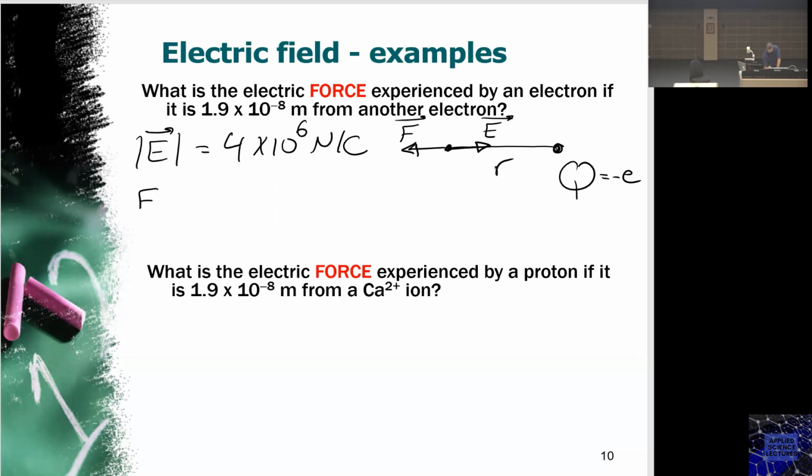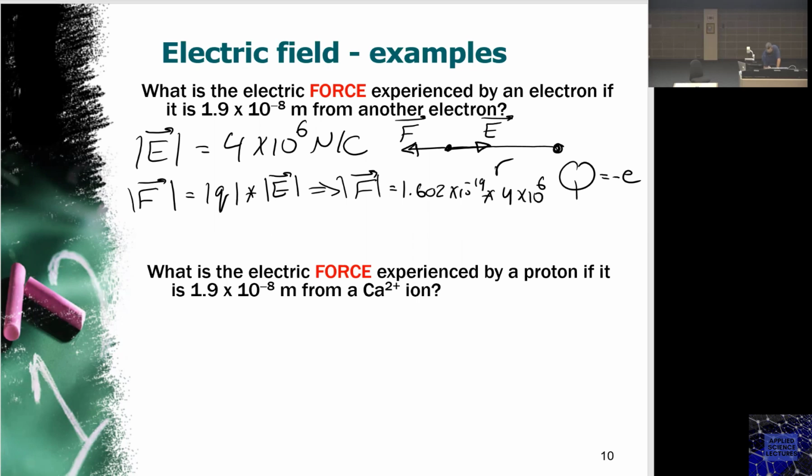If I want to calculate the magnitude of this force, it would be the magnitude of q times the magnitude of E, which is 1.602×10^-19 times 4×10^6, and the answer is 6.5×10^-13 newtons, pointing away.